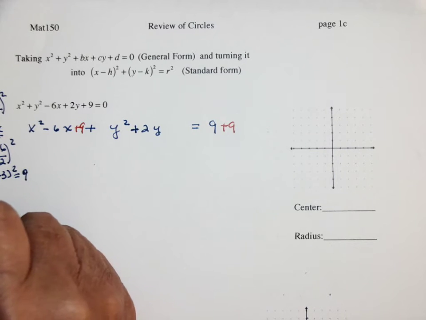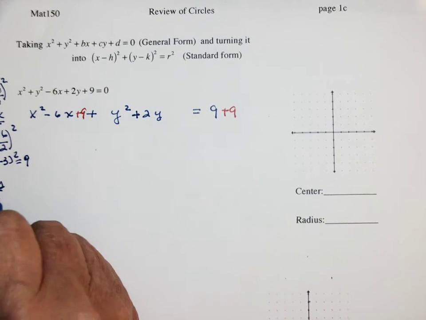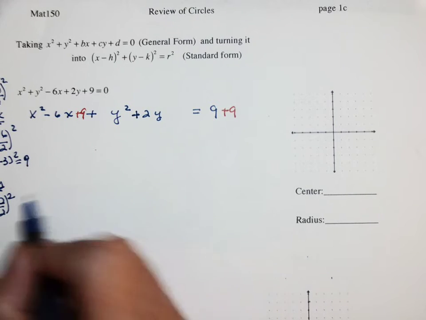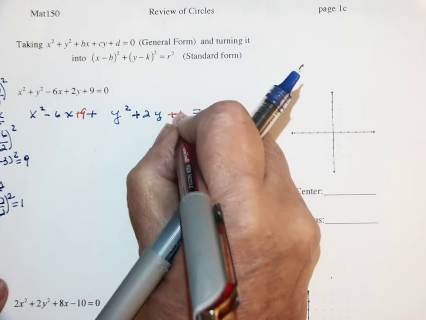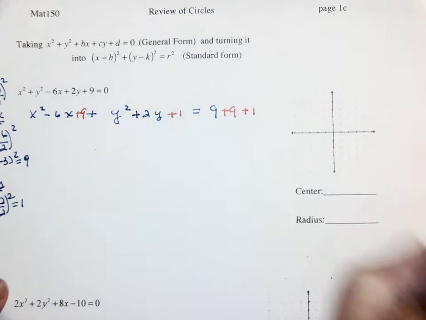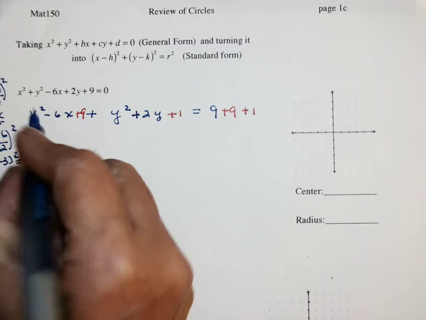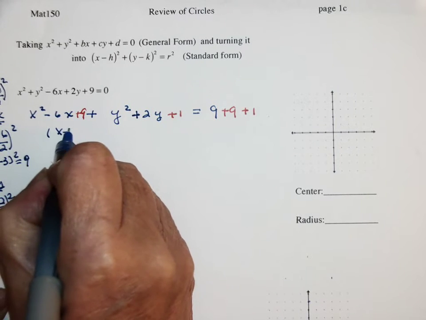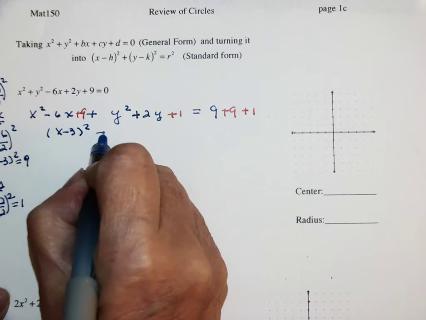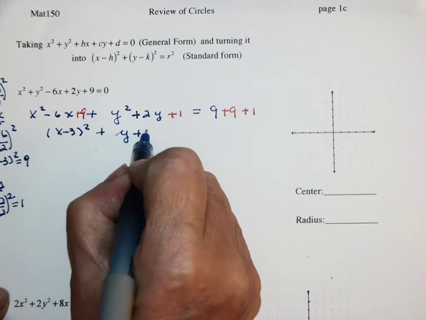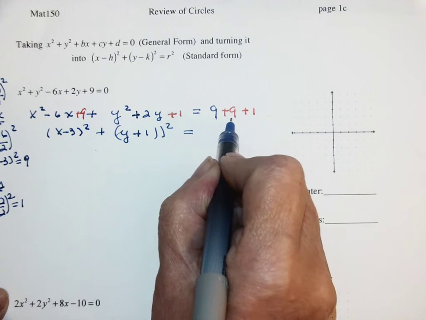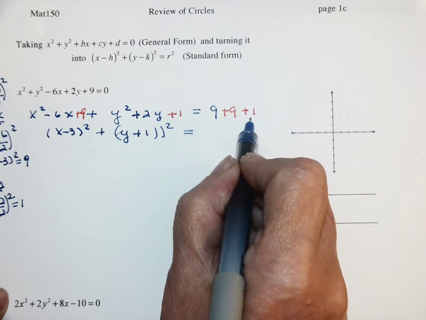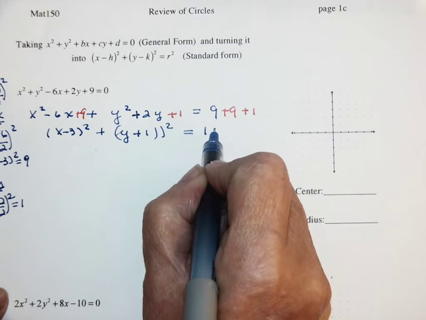And then for the y, take (b over 2) squared, 2 over 2 squared, which is 1. So I'm going to add 1 to both sides. So this becomes (x minus 3) squared plus (y plus 1) squared equals 9 plus 9 is 18 plus 1 is 19.